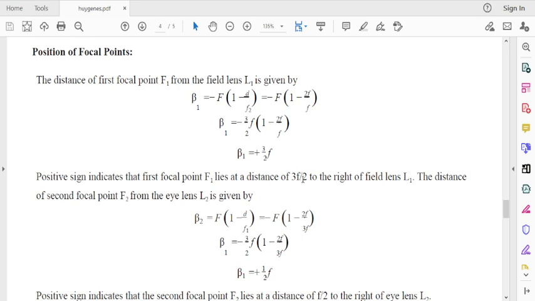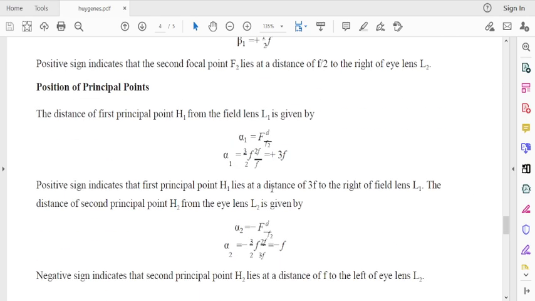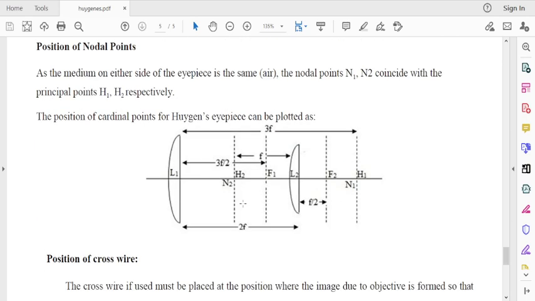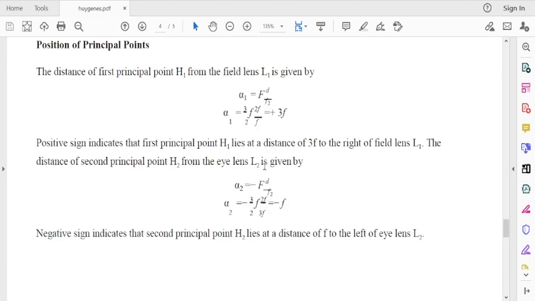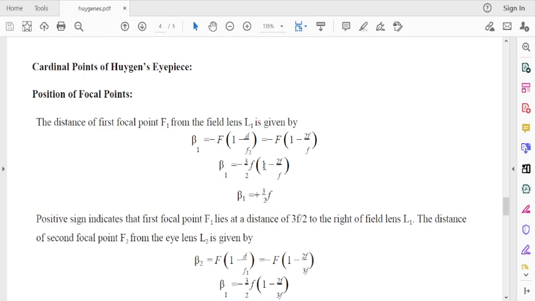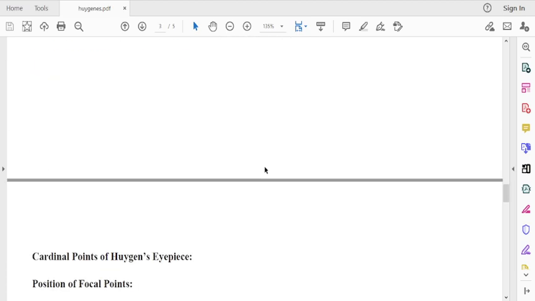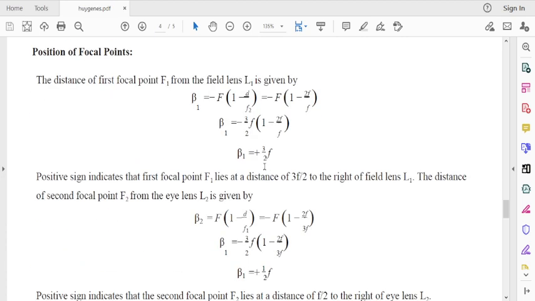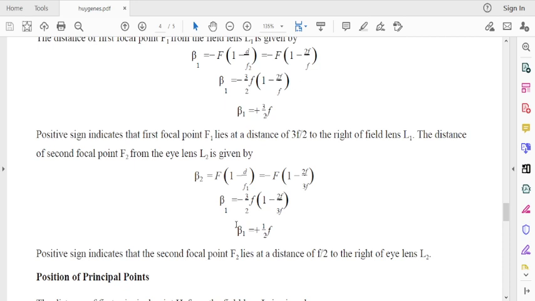In the diagram you can see 3f by 2. This f1 is at a distance 3f by 2 from this field lens. And again, what about the second focal point?